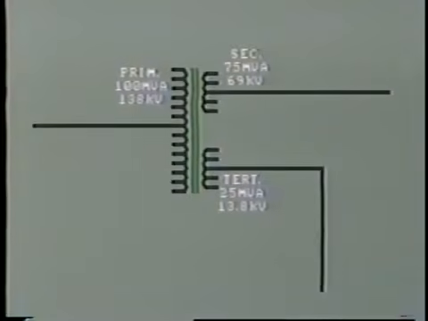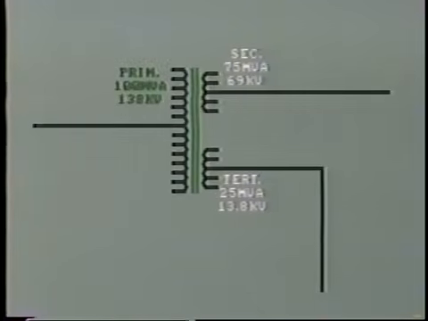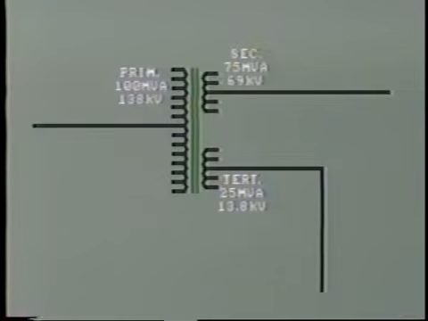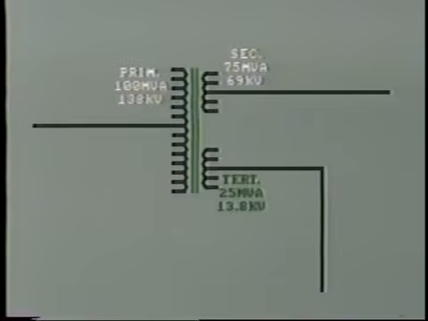Many transformers have three windings, that is, a primary, secondary, and tertiary, all wound on the same core. For example, we may have a primary of, say, 100 MVA at 138 kV, a secondary of 75 MVA at 69 kV, and a tertiary of 25 MVA at 13.8 kV.